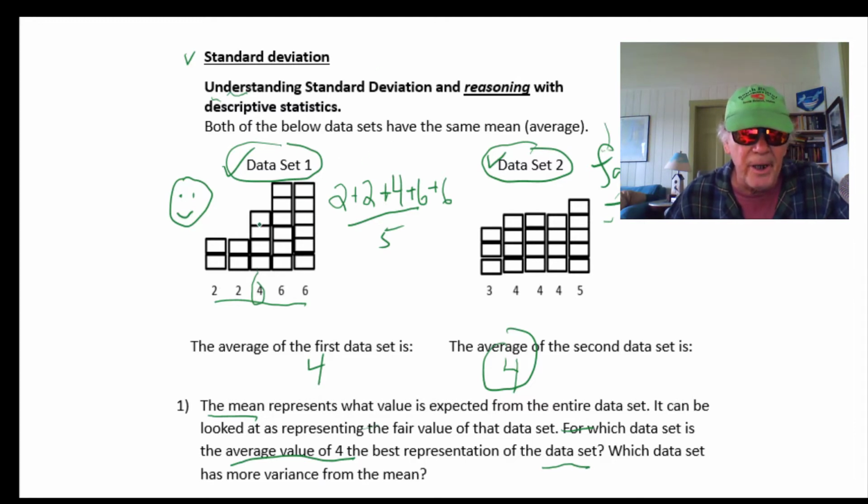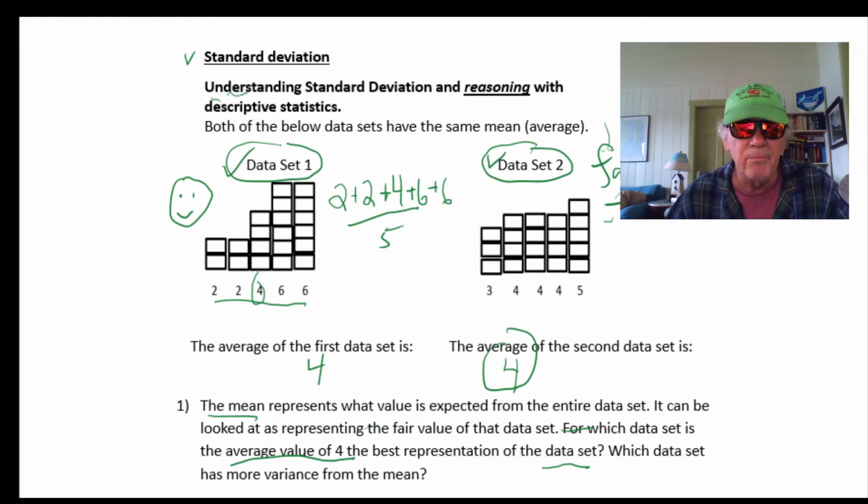But what we're going to look at now is, okay, so if data set 1 is more varied, then how do we describe that numerically? And that's what standard deviation is. It's this description of how spread out the data is from the mean.